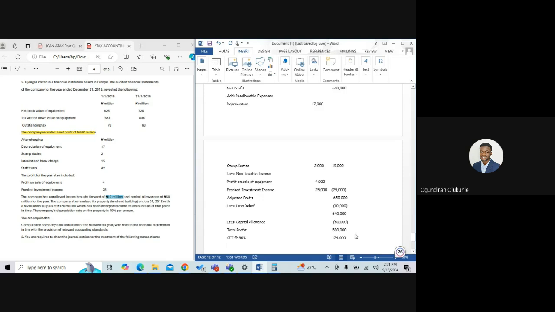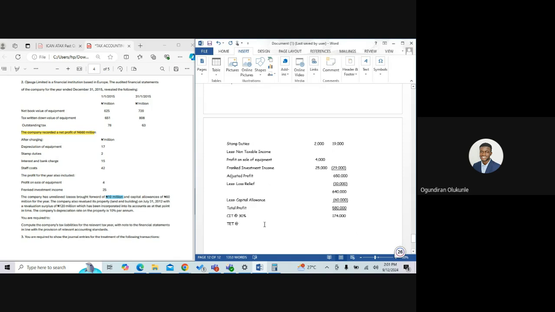Then we have TET. What's the year of assessment? 2016, right? So as at 2016, it was still 2%, and it's of assessable profit. And don't forget, we said assessable profit is the same as the adjusted profit. So how much is that? 650 times 2%, you have 13,000.